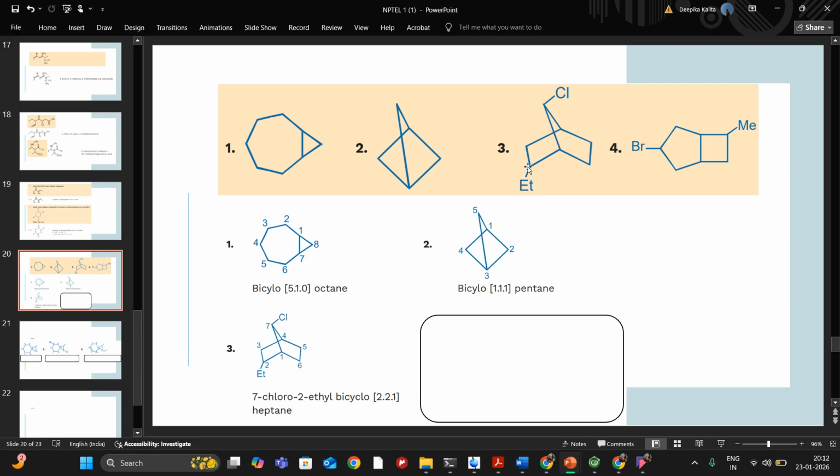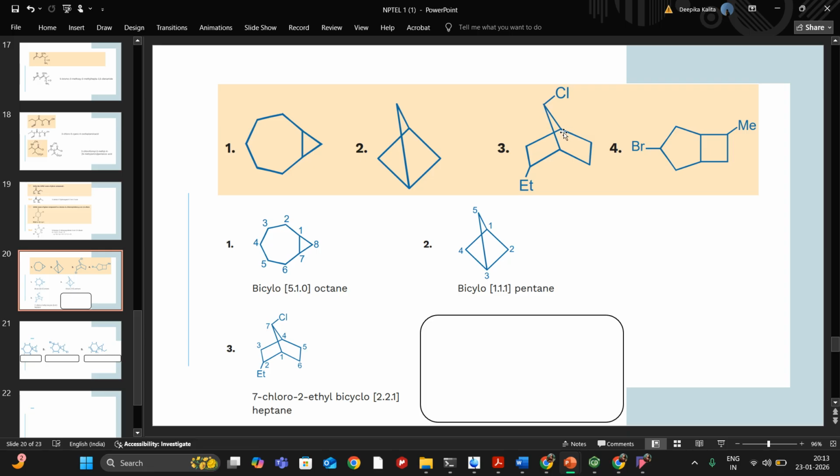And the numbering will always start from the junction carbon atom, which will then move in a clockwise direction. So hence it will be 1, 2, 3, 4, 5, 6, and 7.